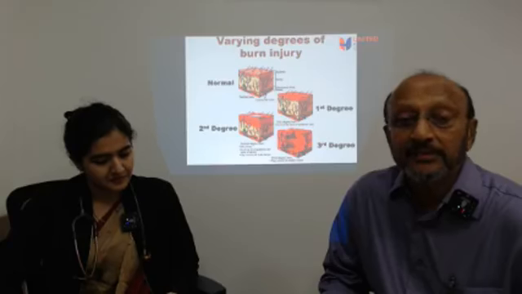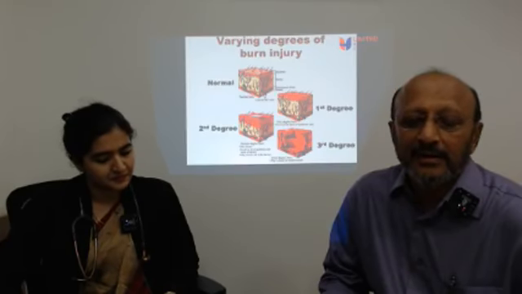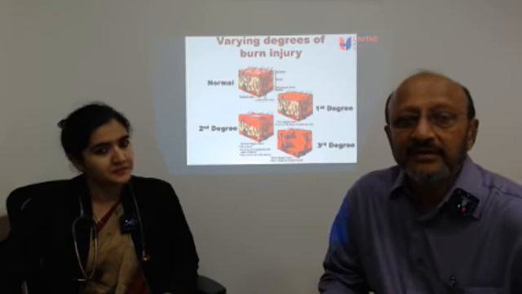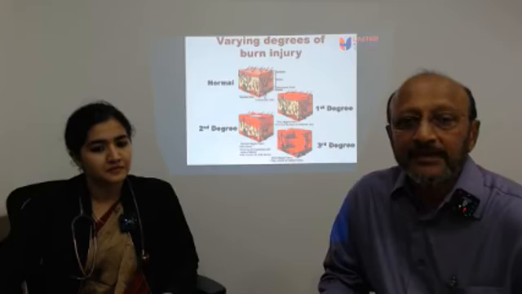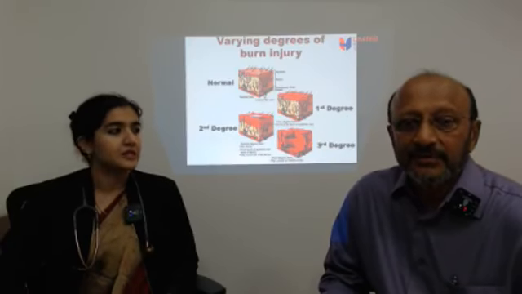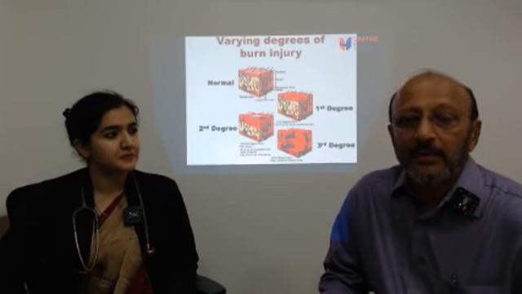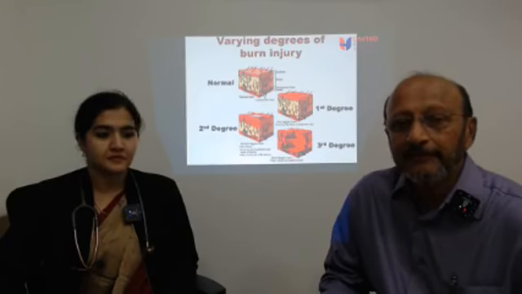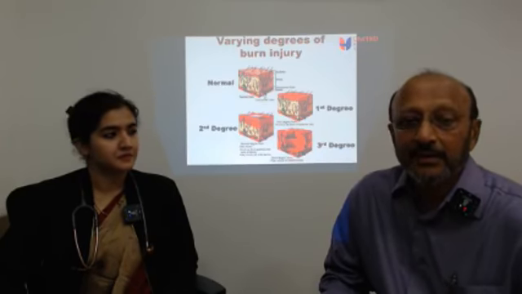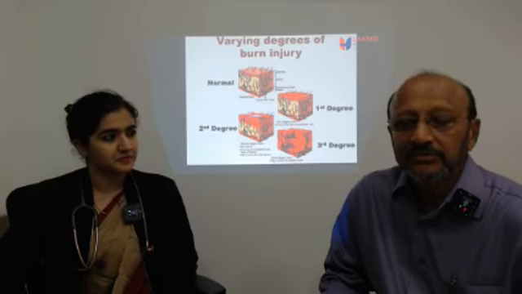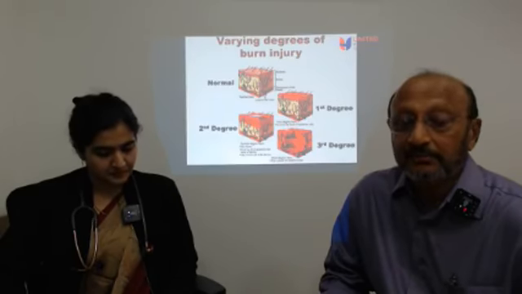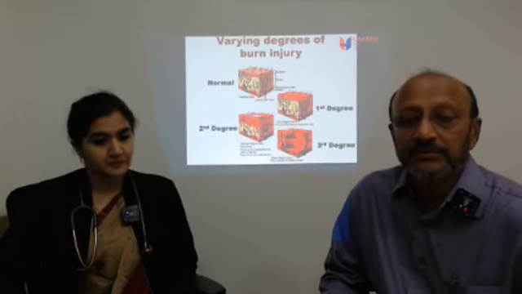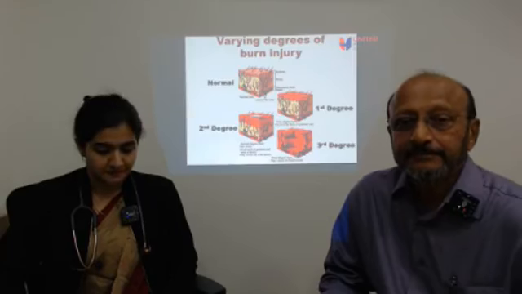Even a sunburn can be a superficial one, whereas the second degree involves part of the dermis, which heals without a problem. When it's a third degree, it will involve the full thickness of the skin, or even it can go deeper. This is the one which causes a lot of problems, and sometimes if it is extensive, it will cause death.